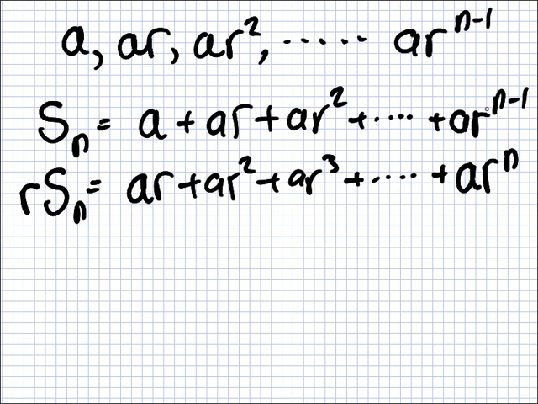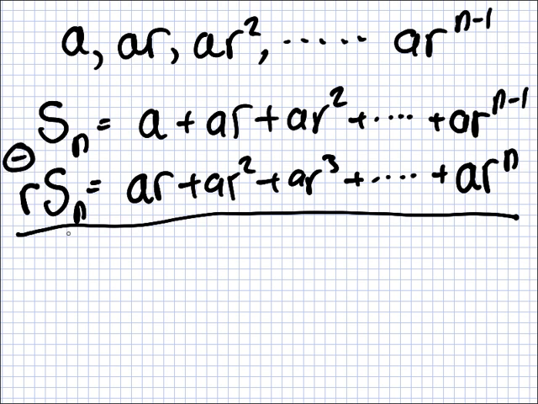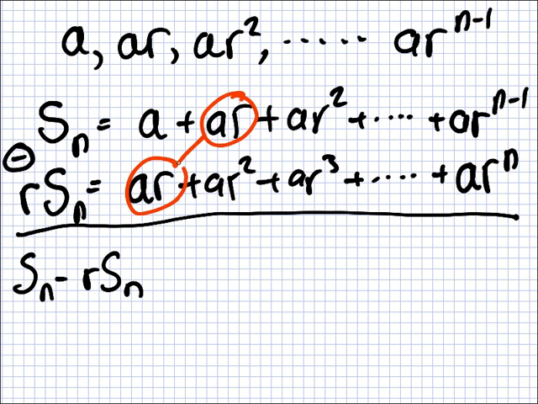Now, what I do next, I combine these two by subtracting. So I have Sn minus r Sn. Now, you notice that on the top you have an ar, and on the bottom you have an ar, so when you subtract, they cancel. Here you have an ar squared and here an ar squared, they cancel.